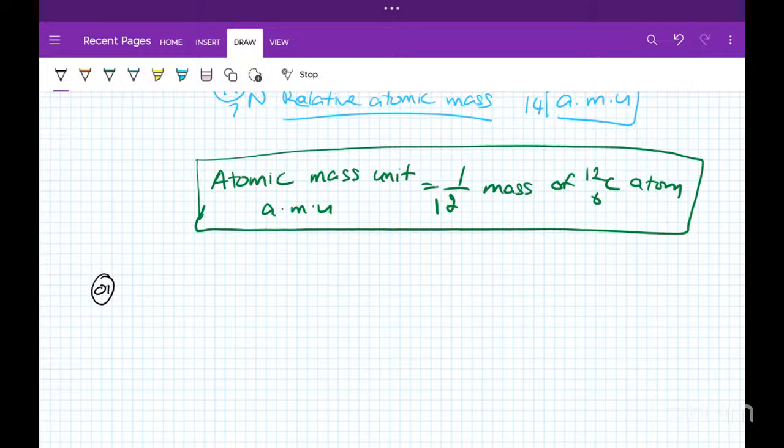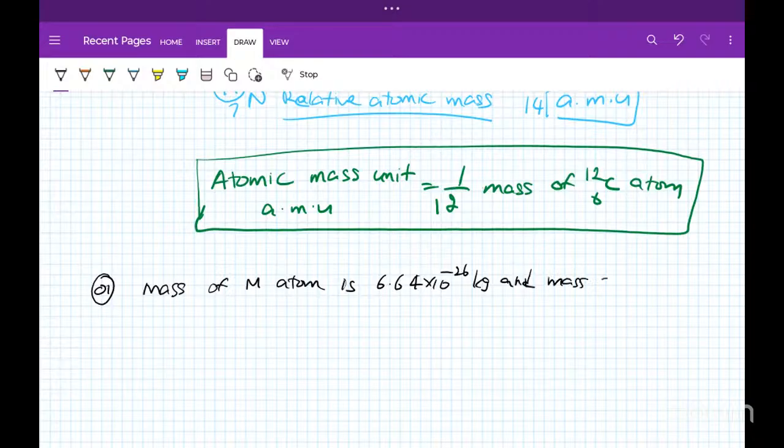The mass of a capital M atom is 6.64 into 10 to the power minus 26 kilograms, and the mass of a C612 atom is 1.99 into 10 to the power minus 26 kilograms.